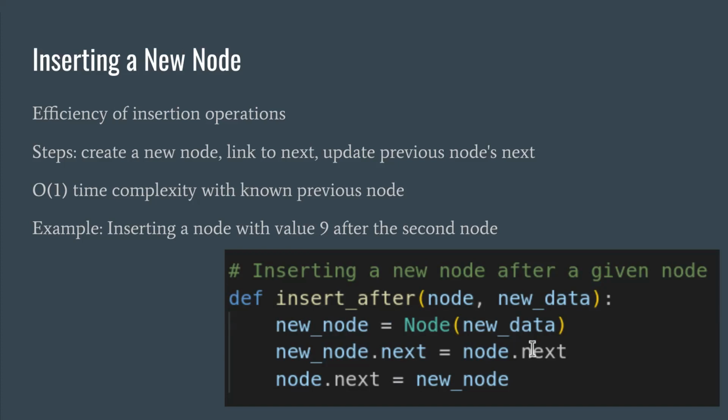And this operation has a time complexity of O(1). This is O(1) when only the previous node is known. So you can see the efficiency of linked lists in dynamic data manipulation.